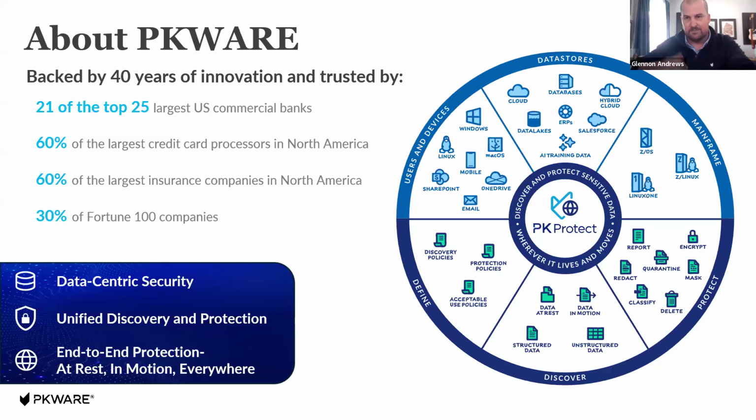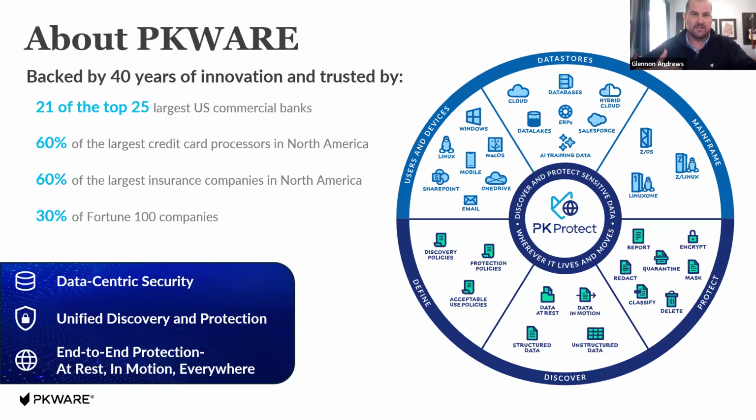If you look at the wheel on the right, this covers our entire gamut of what we offer from a platform perspective. PK Protect is the platform, and we want to do end-to-end data protection everywhere. For large enterprises, it could be users and devices, things like users' PCs, file servers, SharePoint, OneDrive, where that unstructured data is commonly moving throughout the organization. It's hard to classify, hard to understand what that is.